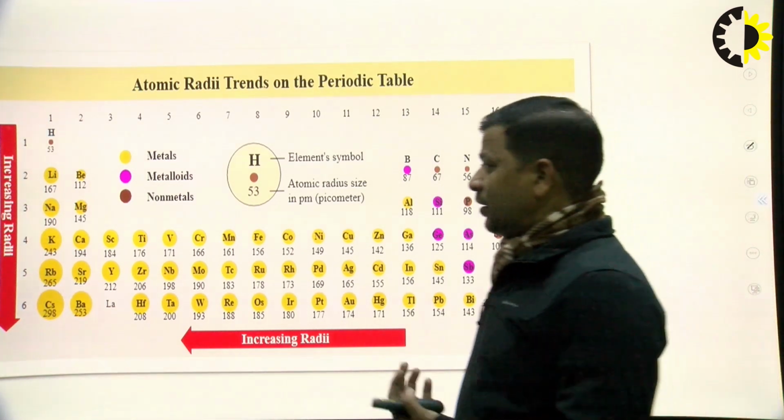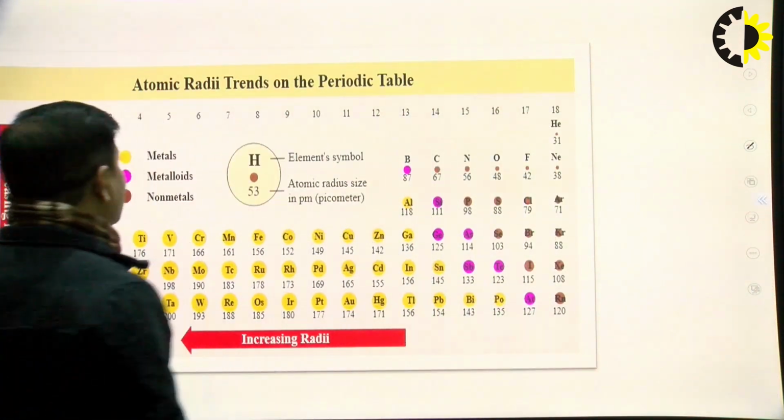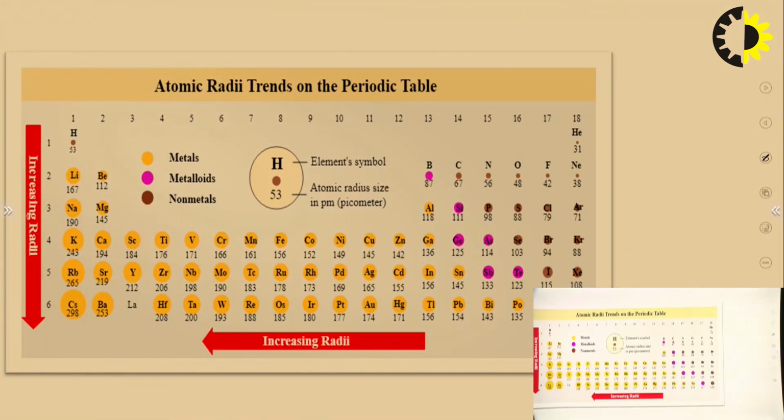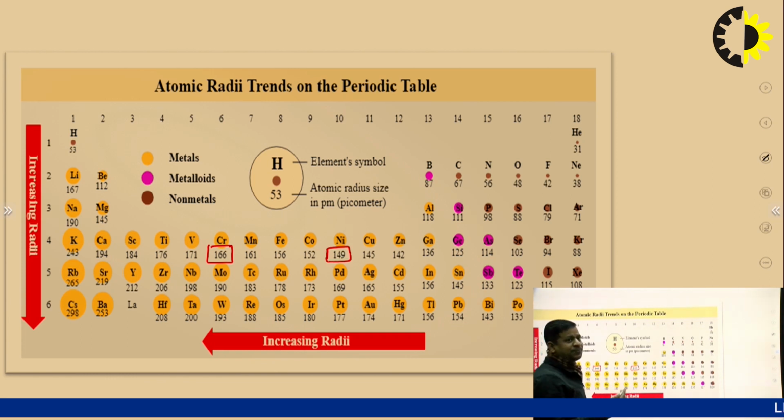And for that, if you go through the periodic table, all element radii are mentioned here. Suppose we are talking about chromium. Chromium is 166, and suppose we are going to mix chromium with nickel. We just have to check whether it is in the plus minus 15% range or not.